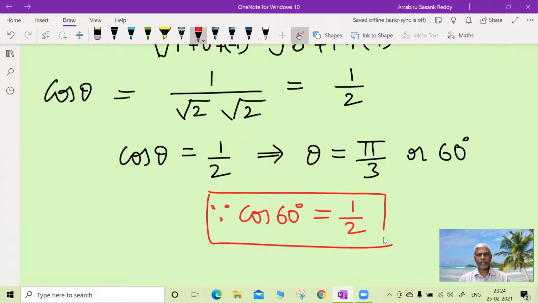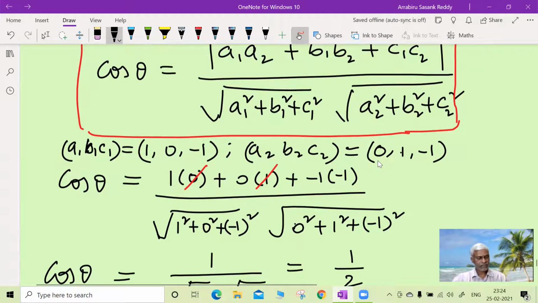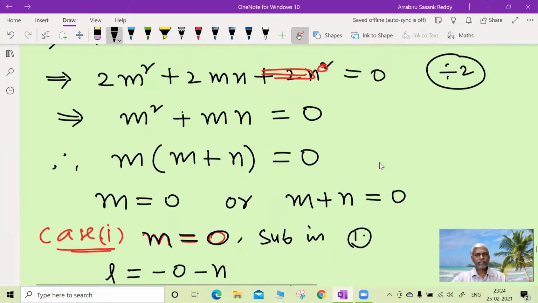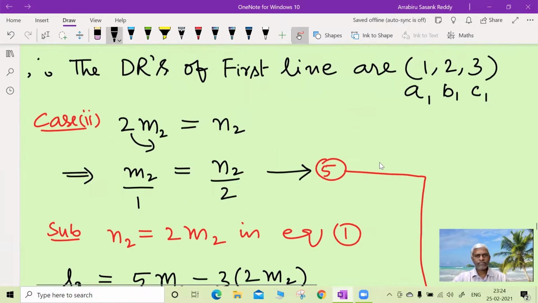So the angle is 60 degrees or pi by 3. Now let us solve one more problem.